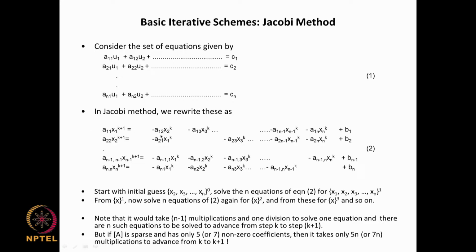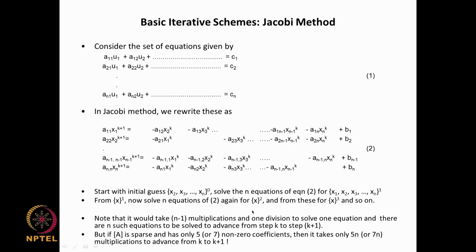Since it is on this side, we have n minus 1 multiplications to give us this whole thing, and then n minus 1 additions plus this, so n additions, and the whole result of this n minus 1 multiplications and n additions is divided by a11 to give us x1 k plus 1.